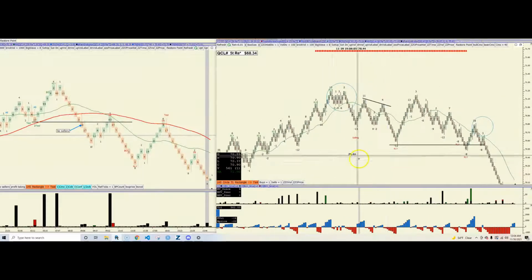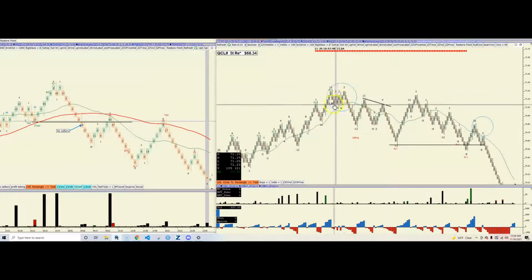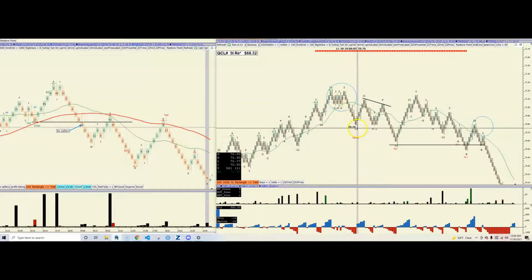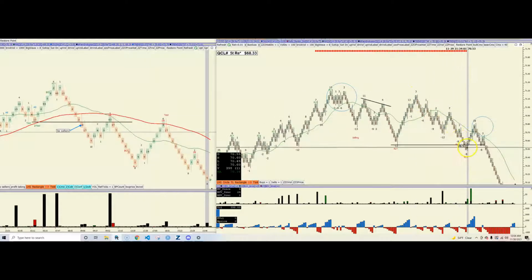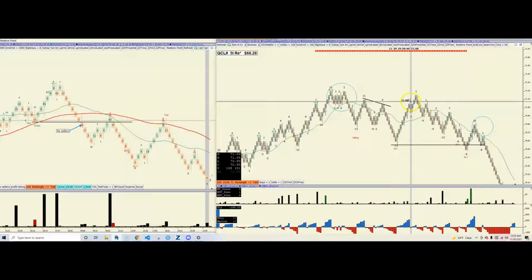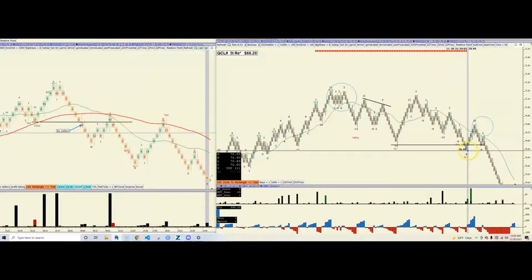Okay, so the key behaviors here is here you have your hinge, you have your sign of weakness, you have your trend change, you have your stop run, you have your lower low, which is different from a bullish perspective, which would see this as a spring. So, oh, this is a spring. From a bearish perspective, it's a lower low.